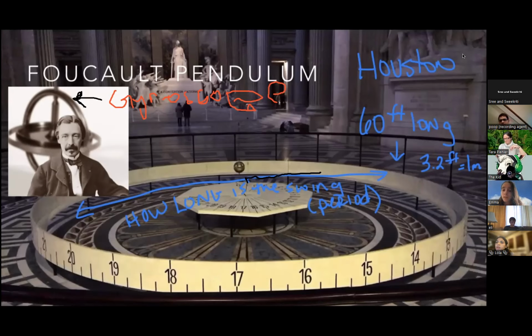What problem are we doing? I'm kind of confused. Okay, so how many meters are in 60 feet? Let's do that. You got to divide by 3.2, right? Somebody tell me the answer.